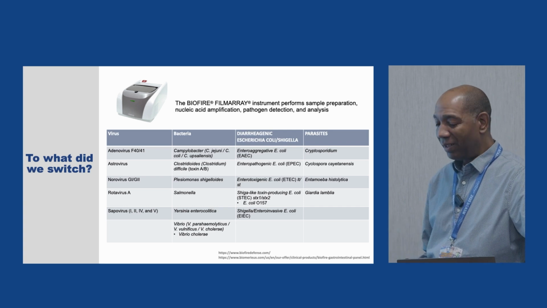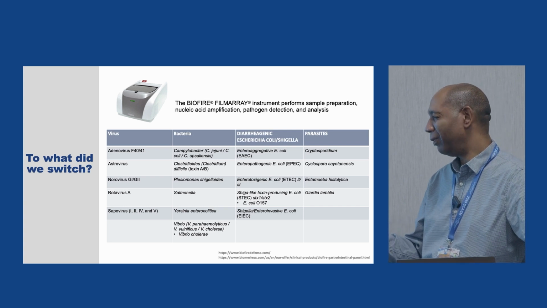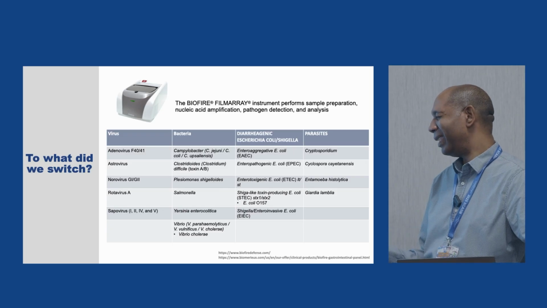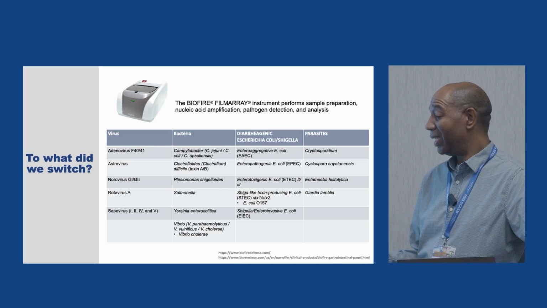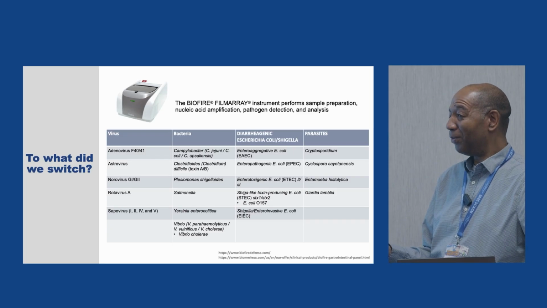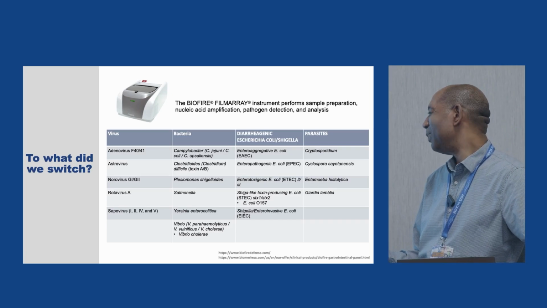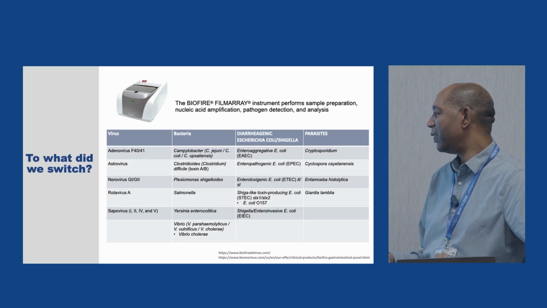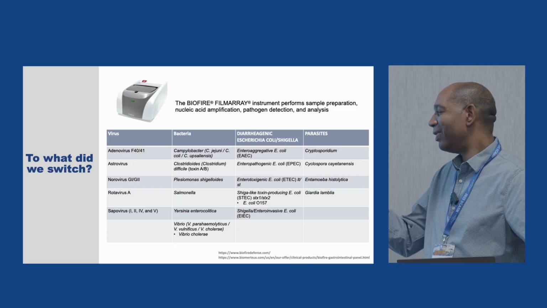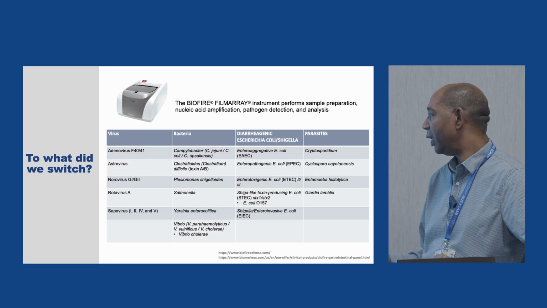Some of these bacteria, like aggregative E. coli and enteropathogenic E. coli, are things we'd never tested for. We never wanted to test for. Quite frankly, still don't want to test for. Like I said, there are some good and bads of some of these tests.